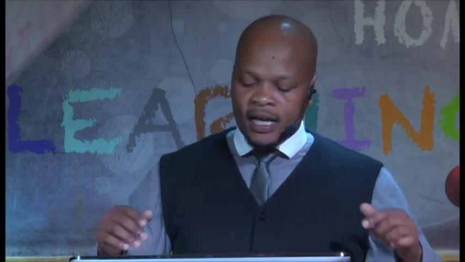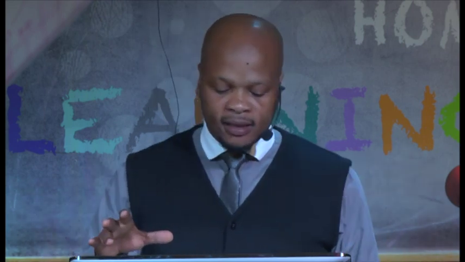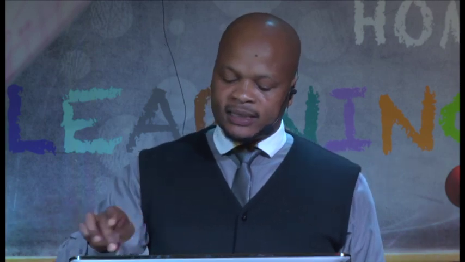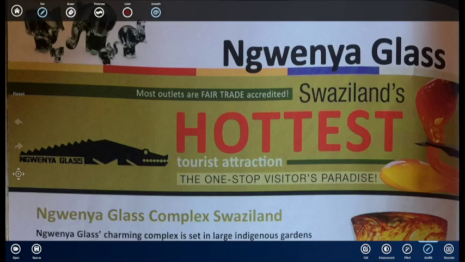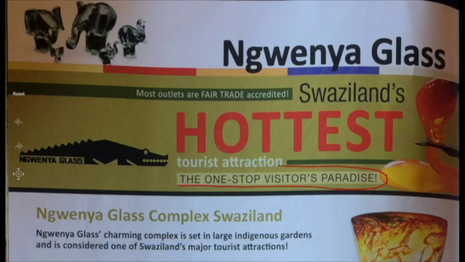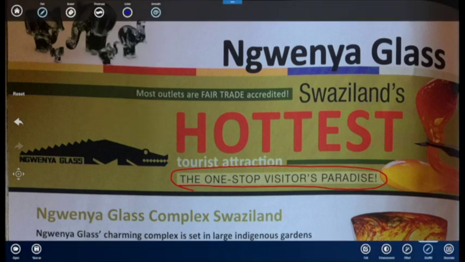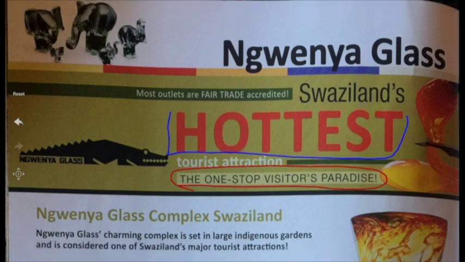And because it needs to begin from the title, that is to capture you. Look at this one. It talks about Ngwenya class. It says Swaziland's hottest tourist attraction, the one-stop visitors paradise. Look at the effect of these words. One-stop visitors paradise. And also look at the use of this word, the fact that they are bold enough, they show that they are sure that it is Swaziland's hottest.